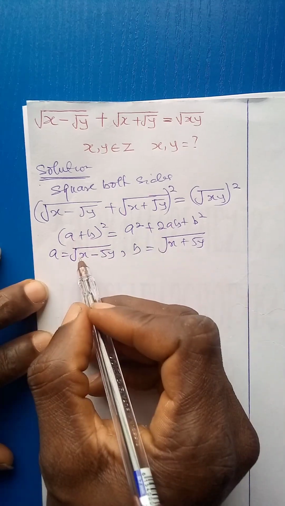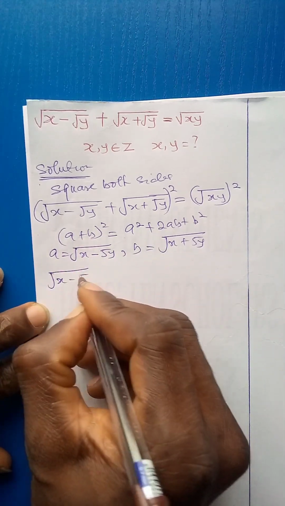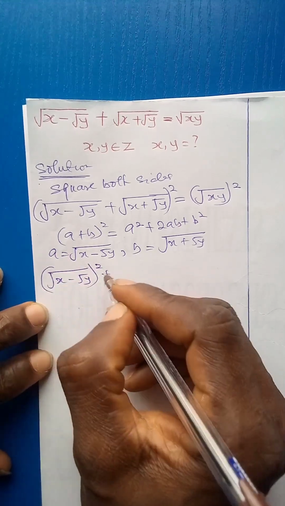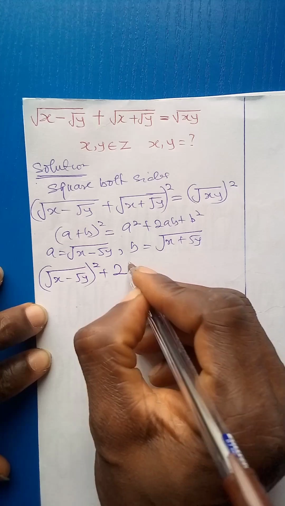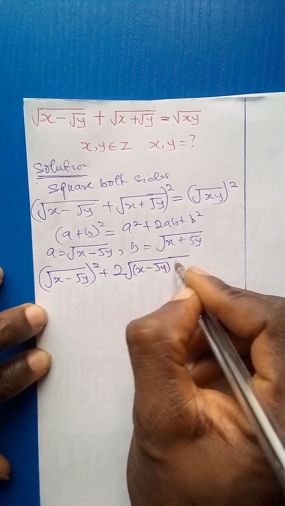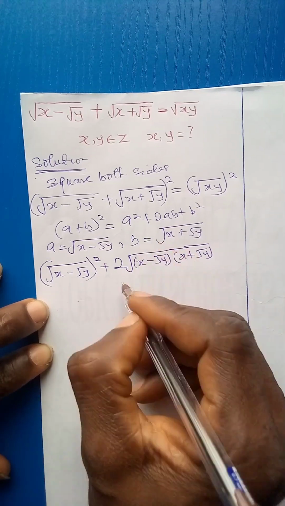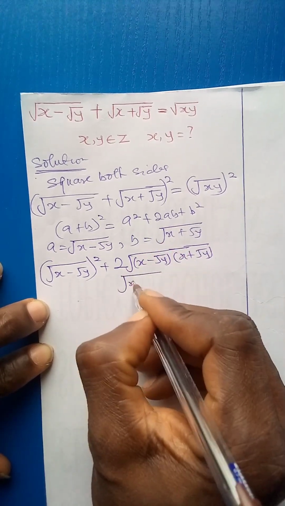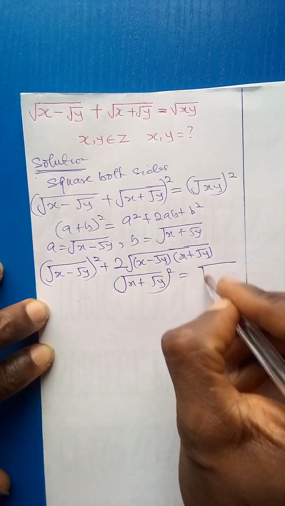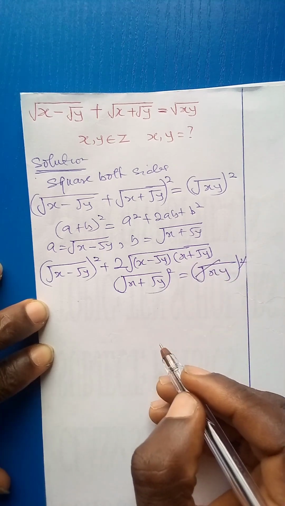So applying this expansion, we have a squared, that is x minus root y, plus 2 times the square root of x minus root y, and then the square root of x plus root y. Then b squared becomes x plus root y, is equal to the square root of xy all squared, where this and this will cancel out.